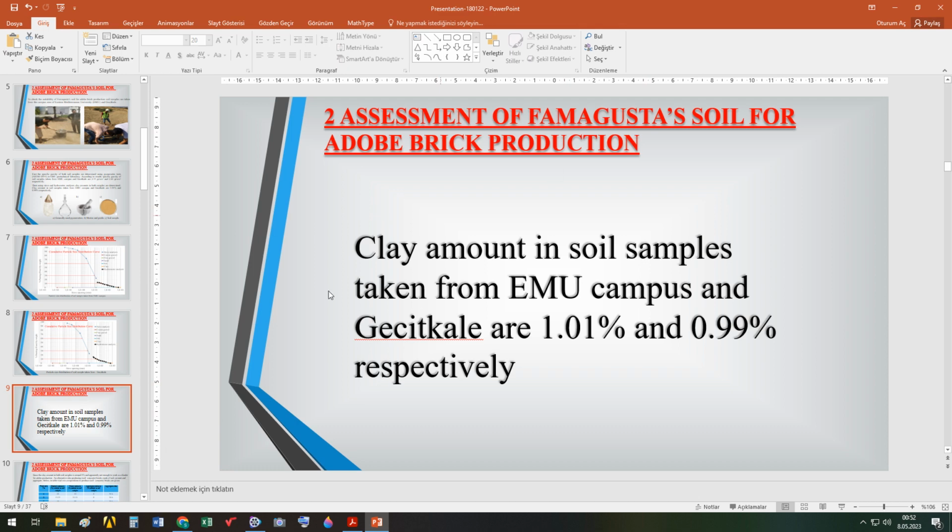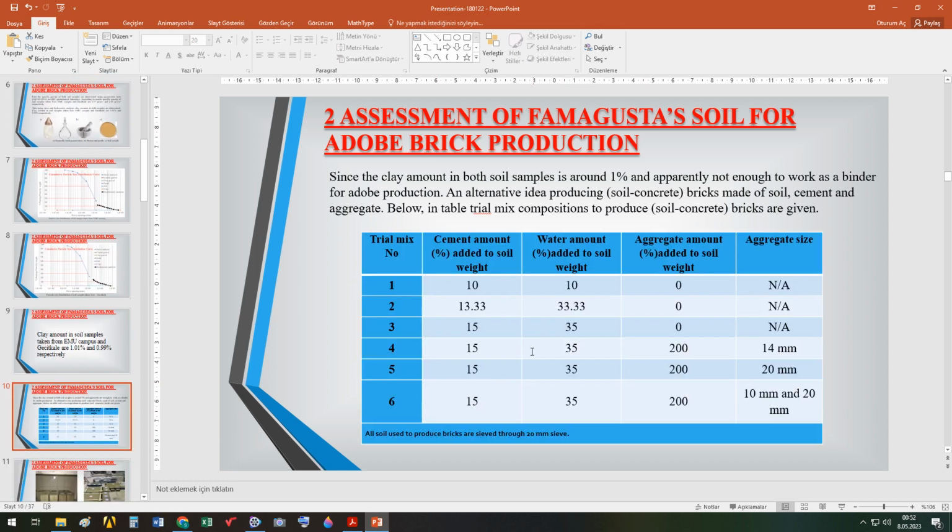The assessment of the soil has finished here. Now, since the clay amount in both soil samples is around 1%, it is apparently not enough to work as a binder for adobe construction.